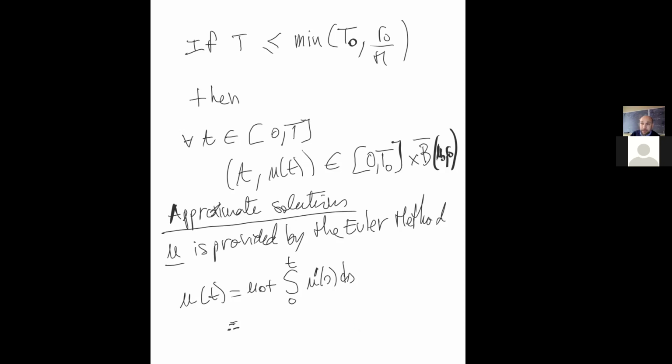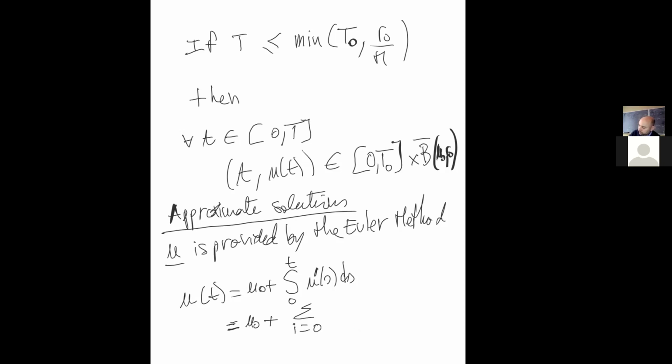I know explicitly the u prime, so it's a sum. Because this derivative is constant, because in fact this function is piecewise linear, so the derivative is constant, and I can write it.